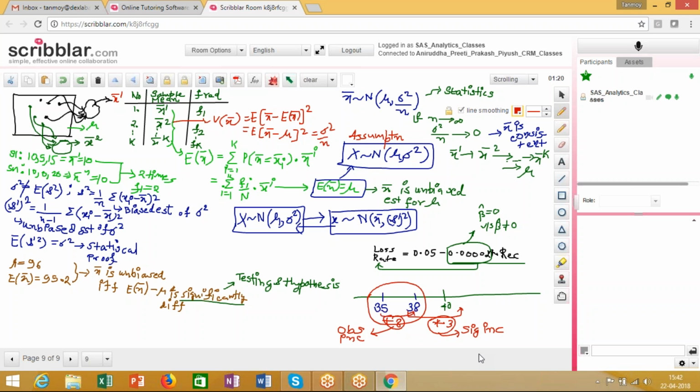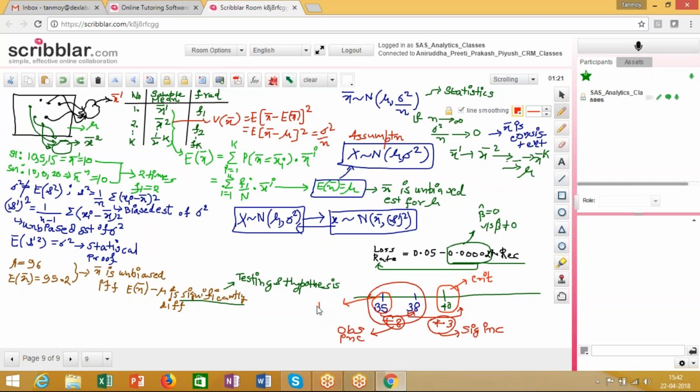So the significant or the observed, how is it defined? It is defined in terms of two values. One is a critical or a benchmark value, and another is an actual value.